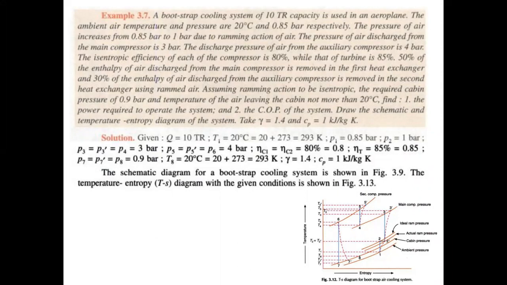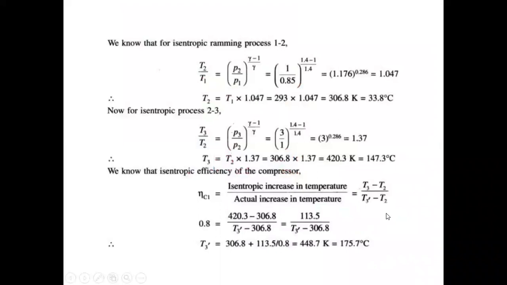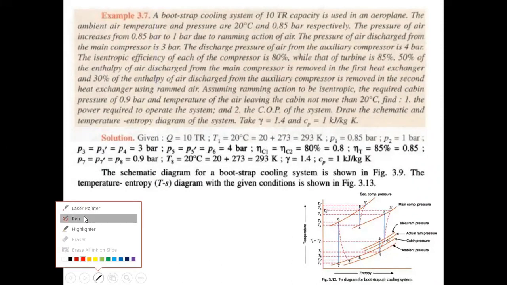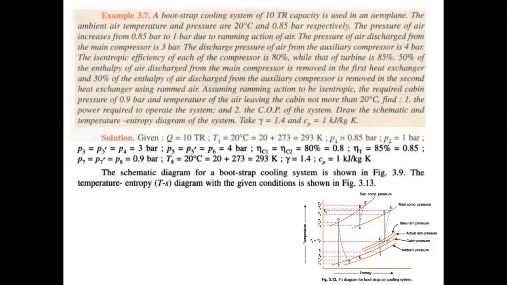So you just remember this diagram; if you remember it, you are all very much capable of solving the numericals. After the main compressor, this one is 2 dash and 3 dash. 3 is the discharge of the main compressor, so we get the value of P3. Here you just watch, P3 is equal to P3 dash is equal to P4, that's why they are writing here: P3 is equal to P3 dash is equal to P4 is equal to 3 bar.